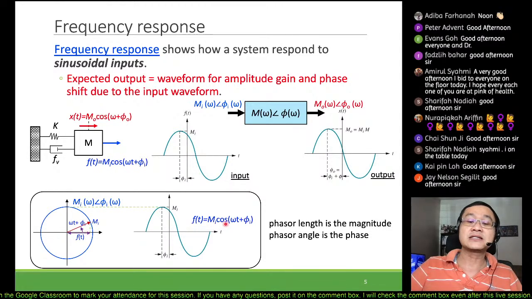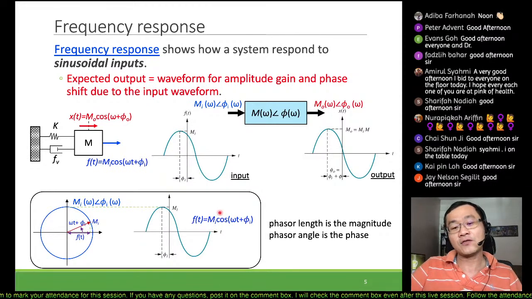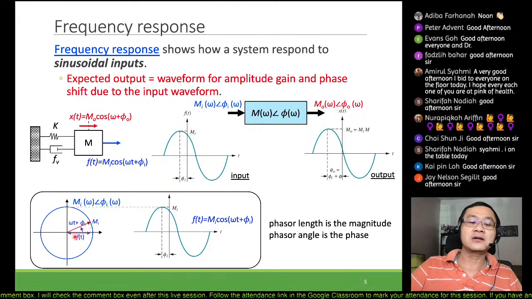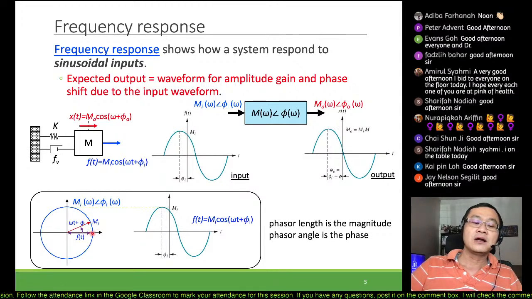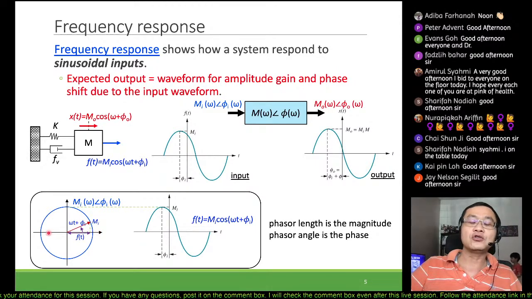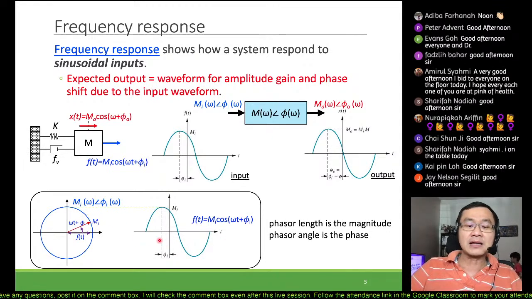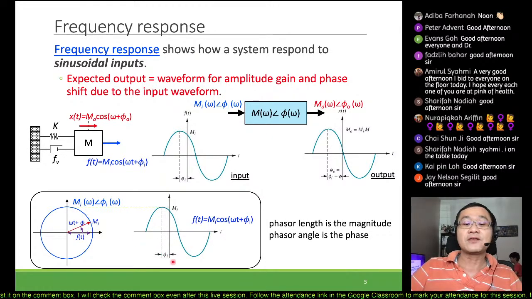Since we are dealing with the form of cos, we want to find the cosine length, which is the adjacent to our angle here, which is omega t. This length, as it continues to rotate, will be long and then get short until 0, then become negative, and continue repeating in that form. That particular angle is given by psi.